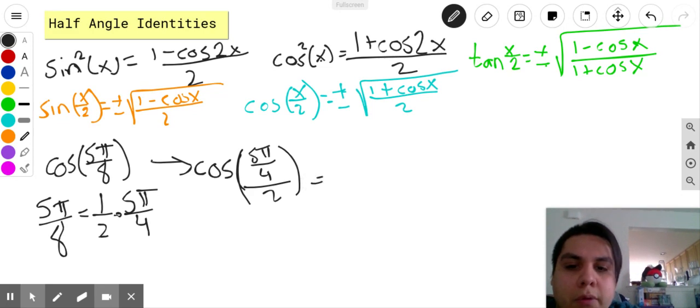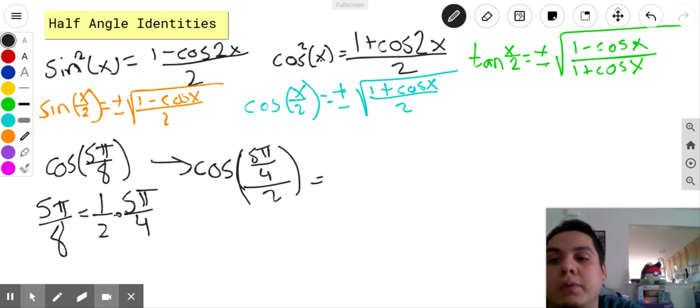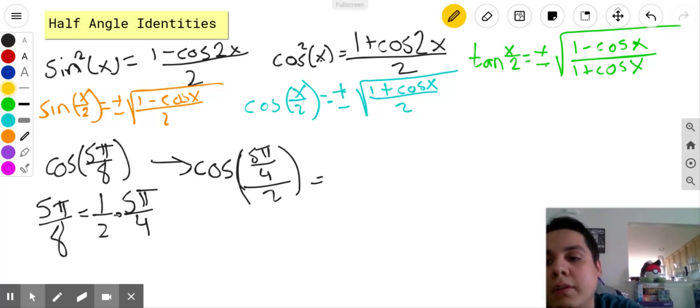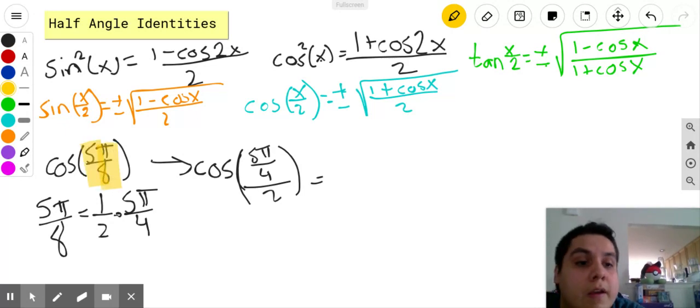This should equal plus or minus, so I need to think about the given angle, 5 pi over 8. That is a fraction that is bigger than a half but less than 1, so this is in the second quadrant.